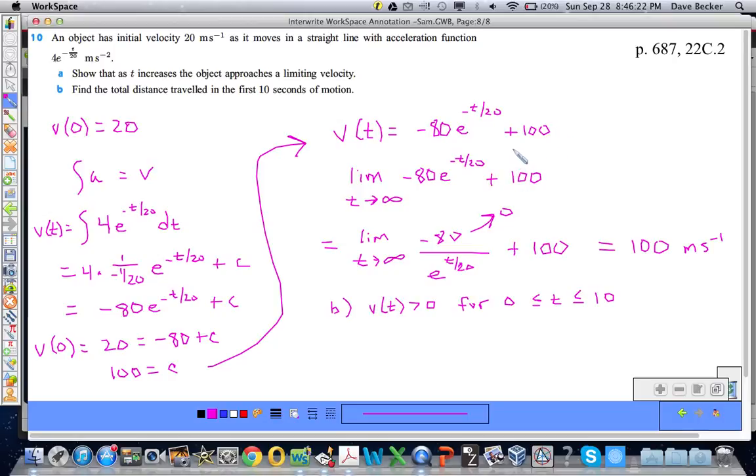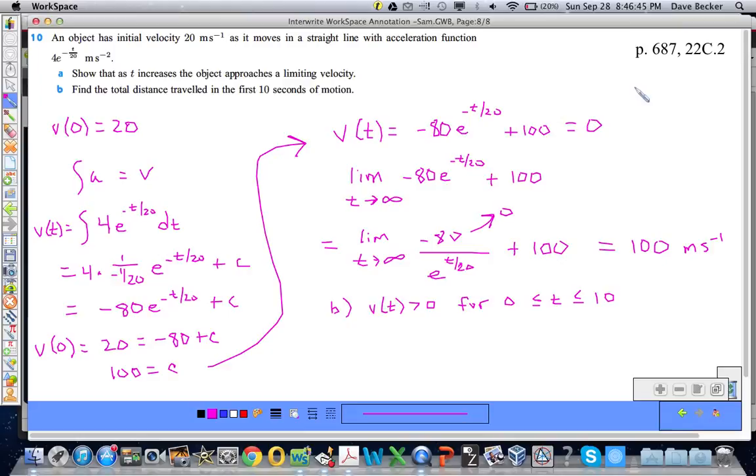The reason I'm driving home that point is that the total distance traveled is equivalent to the displacement. So I don't have to do a sign diagram, because there is no change of direction in velocity. The easier way to think about that is if I set this equal to 0, I would get no solutions.